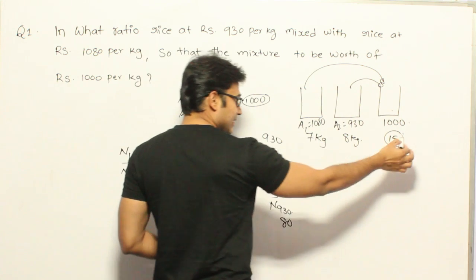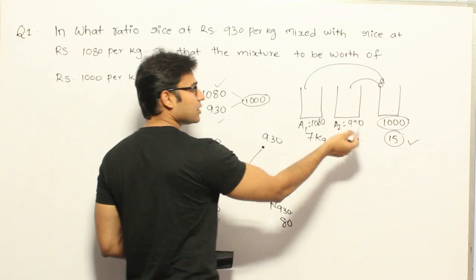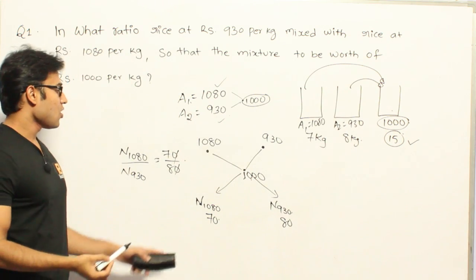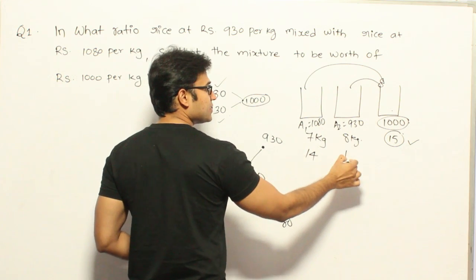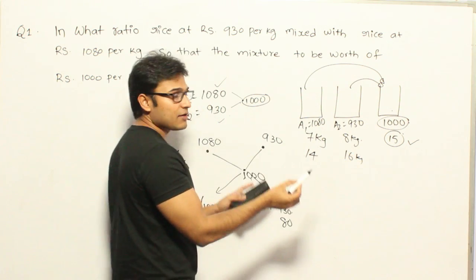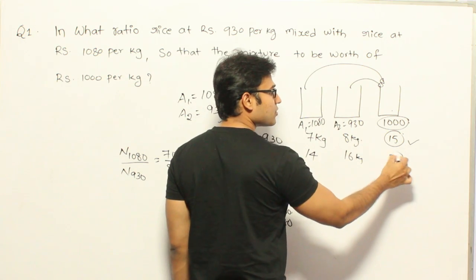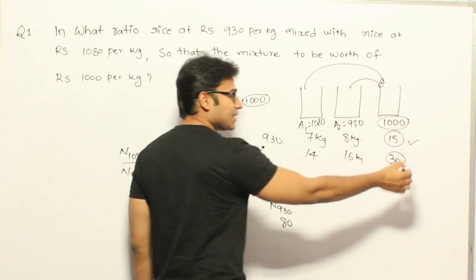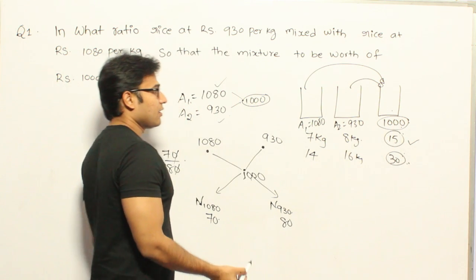Now you can sell each kg at a price of 1000 rupees without any loss, right? Or you can take 14 kgs of this and 16 kgs of this and mix them both in this bag in such a way that you get 30 kgs of the final mixture, and you can sell each kg in this mixture at 1000 rupees, right? Okay.